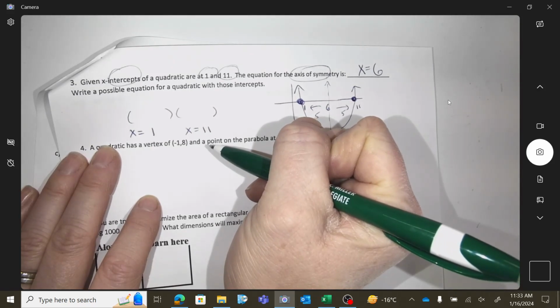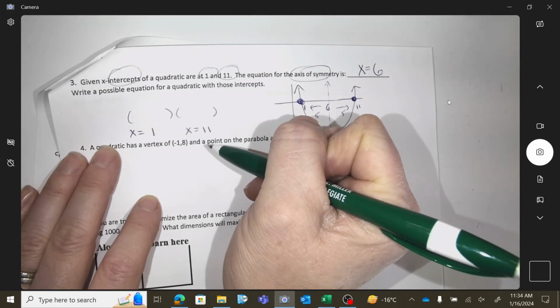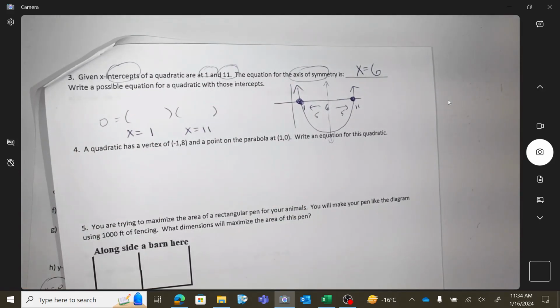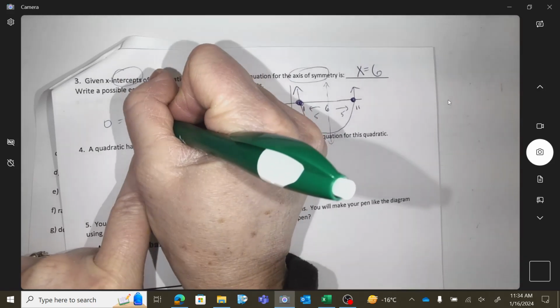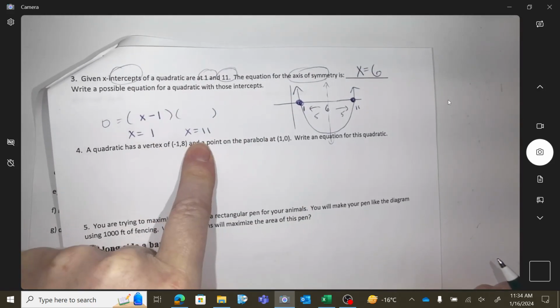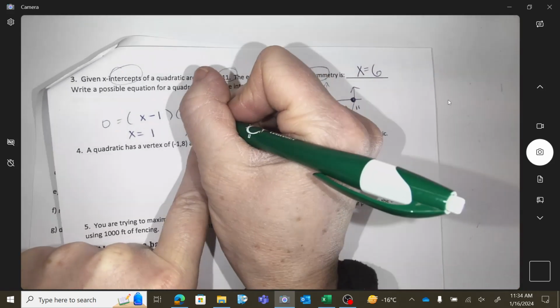Factors, right? This is always what we've done. We've gone something equals 0, we factor it, we get our x-intercepts, right? So what is the factor that gets me a 1? X minus 1. What's the factor that gets me 11?